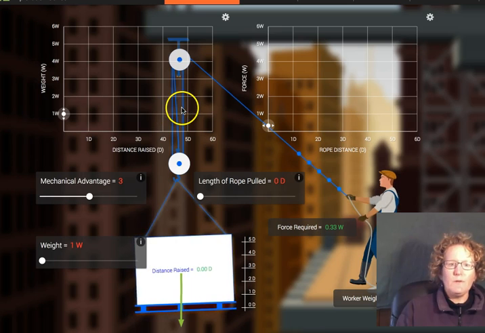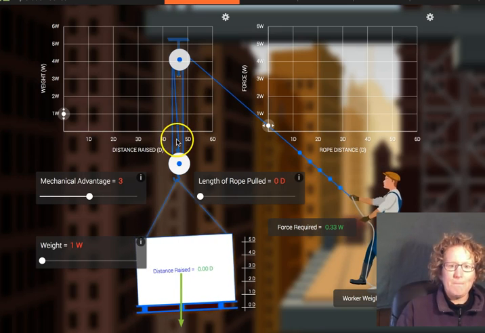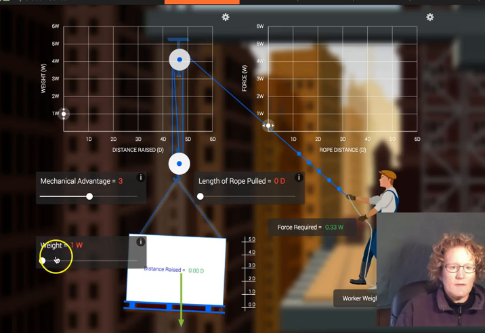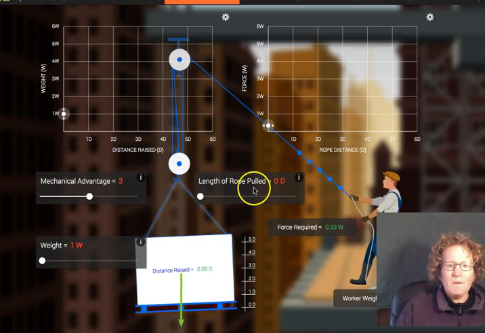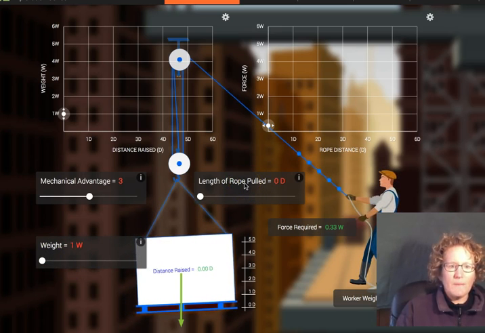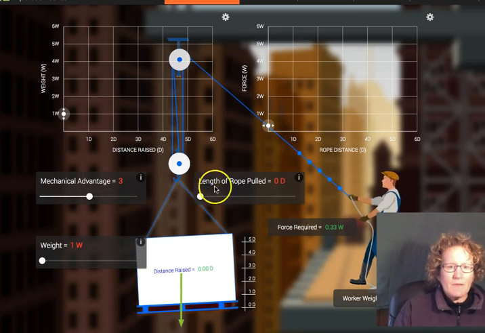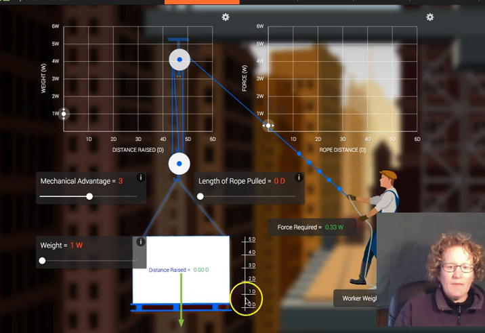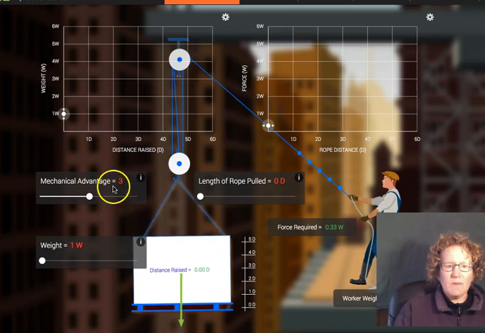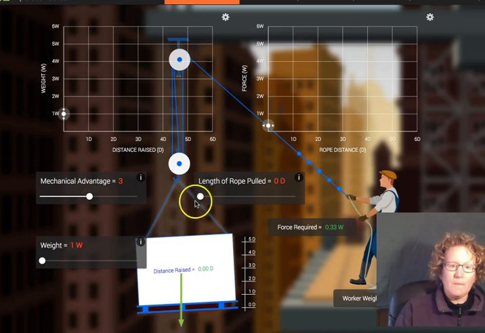So we have 1, 2, 3 ropes here, and you can change the weight. You can change the length of the rope pulled. Let's watch the relationship between the length of the rope pulled and the distance we raise the box when the mechanical advantage here is 3.